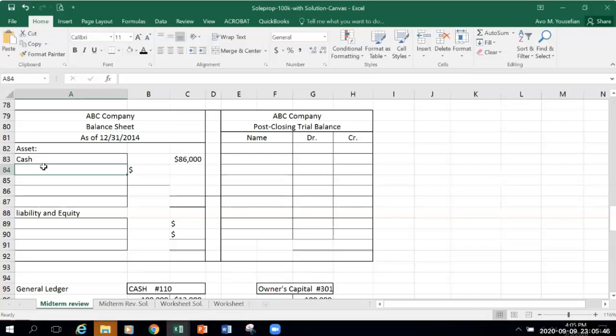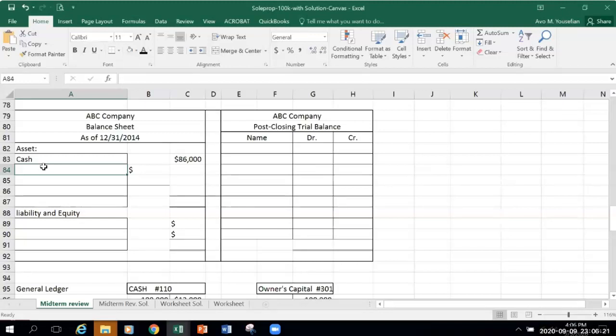If you have any long-term investment, that's what comes next on the classified balance sheet. If you don't have any, skip it. After investment, it is PP&E, property, plant, and equipment. Those are assets that you use in your daily business operation, like a printer machine, furniture, equipment, building, land for your employees' parking lot. All those become PP&E.